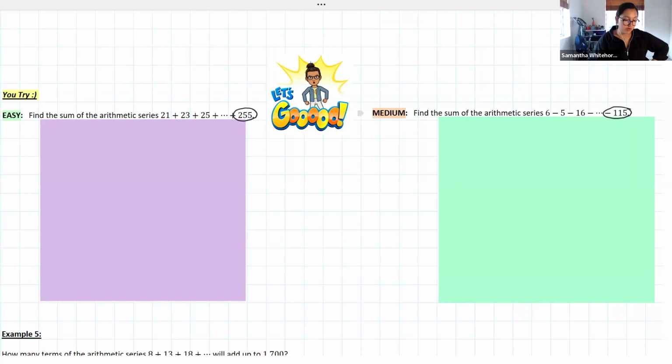I have given you the hint that you must first find the number of terms in the series before you can find the sum. But just ask if you're struggling.